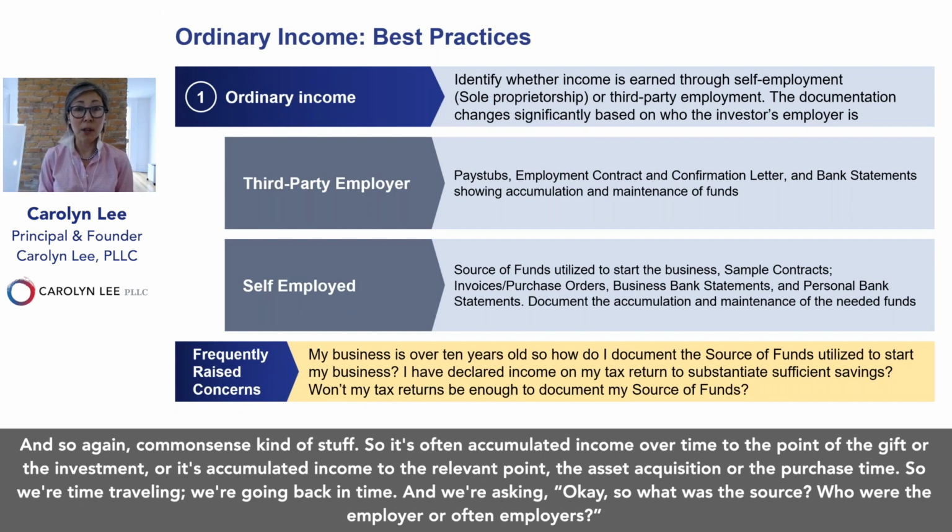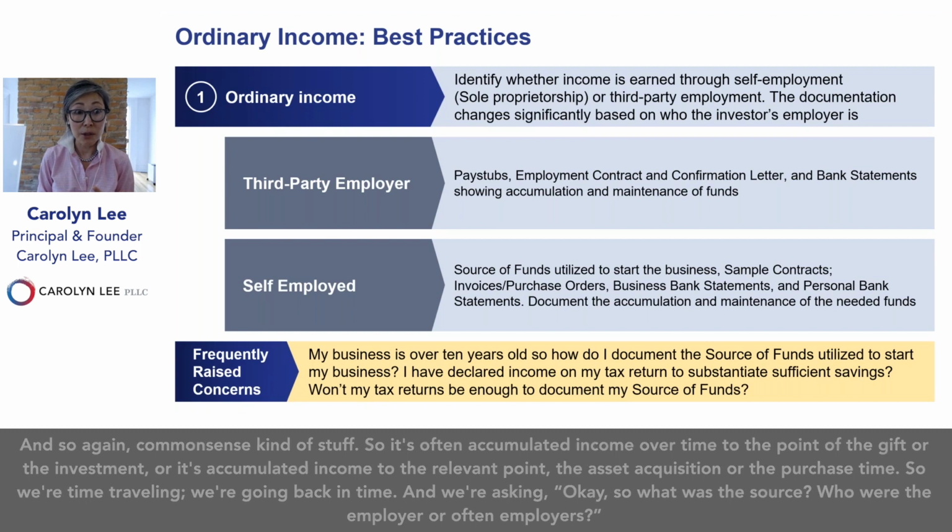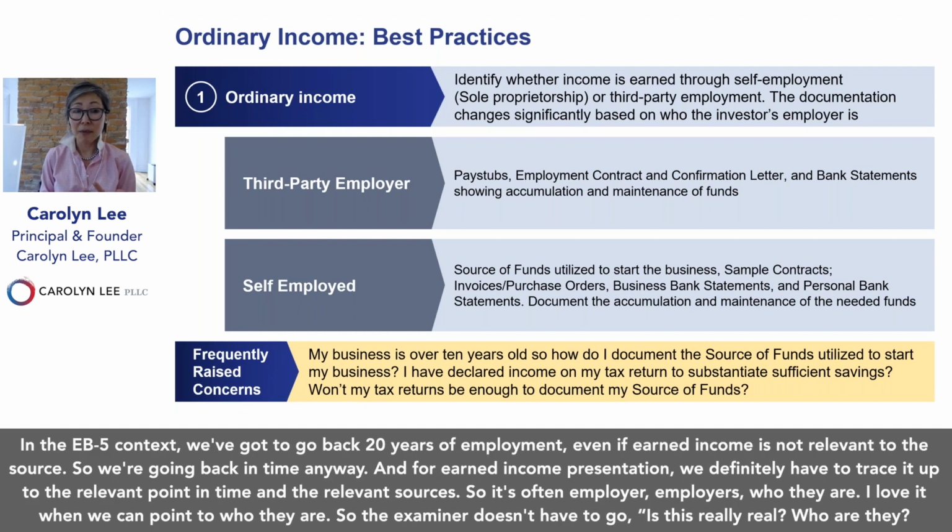Who were the employer or often employers? In the EB-5 context, we've got to go back 20 years of employment, even if earned income is not relevant to the source. So we're going back in time anyway. And for earned income presentation, we definitely have to trace it up to the relevant point in time and the relevant sources. So it's often employers, who they are.